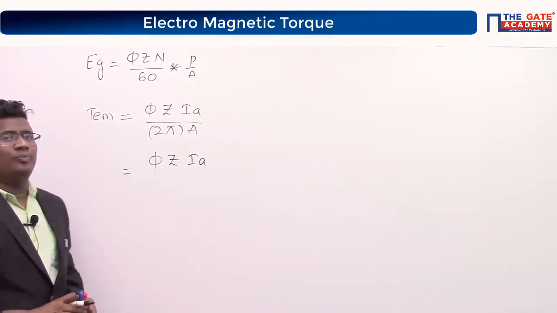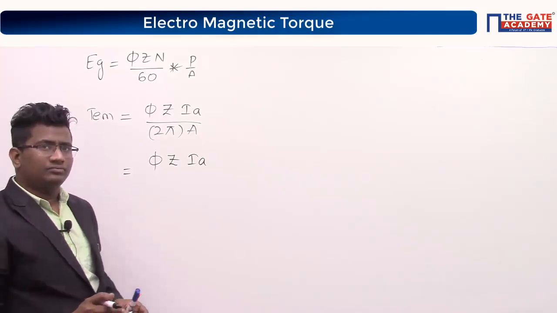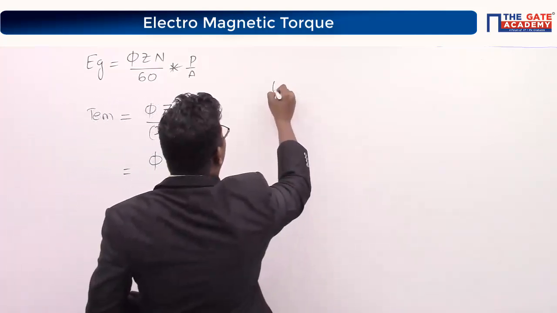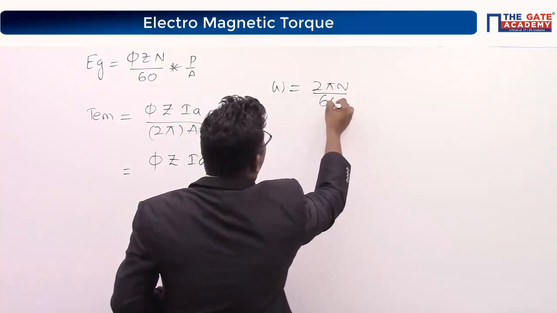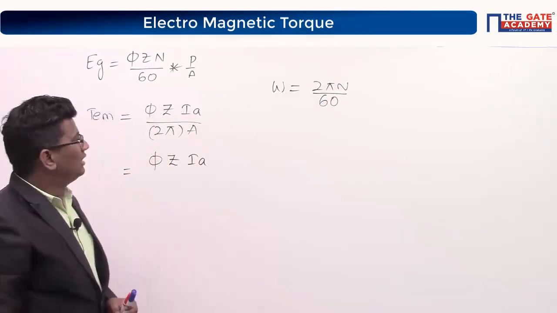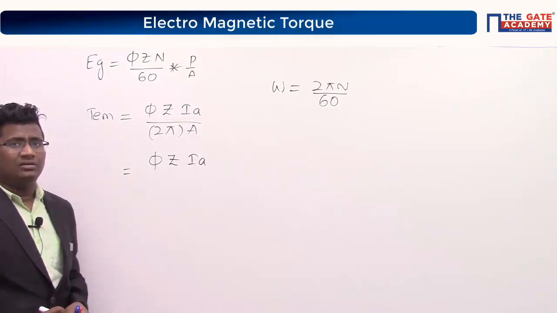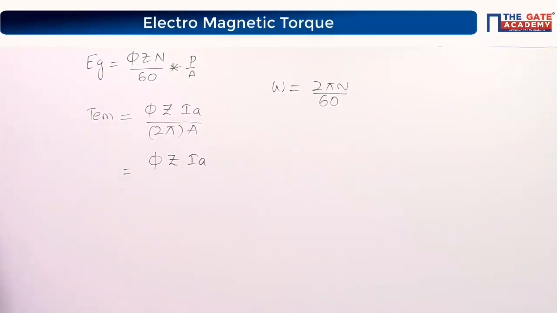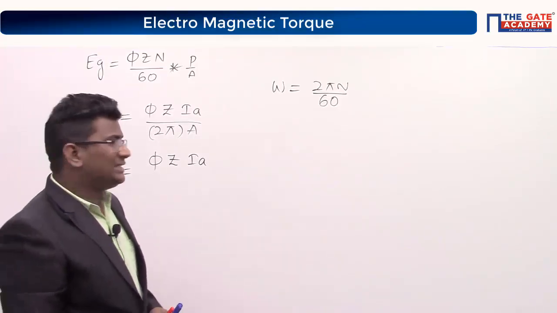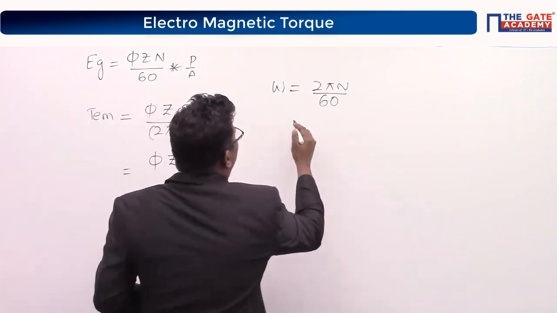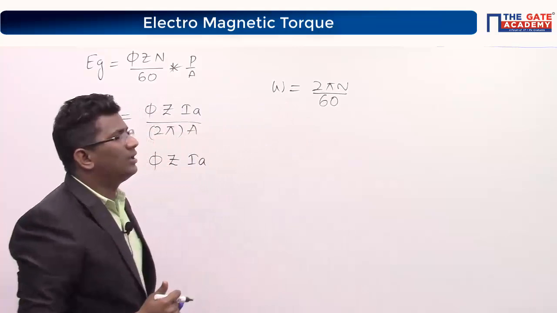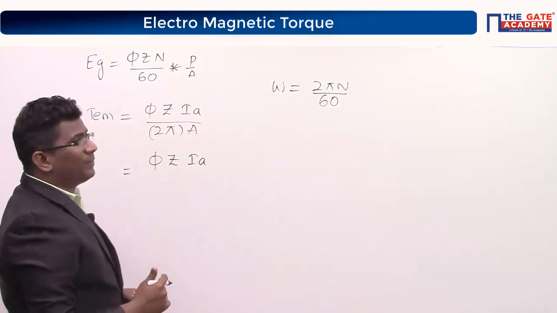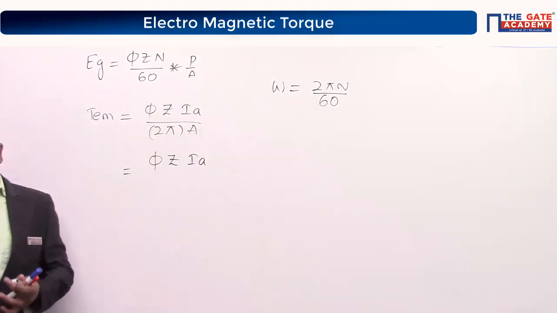Omega is equal to what? 2 pi n by 60, na? Can I write 2 pi n by 60? Yes or no? From this, how to write this 1 by 2 pi? Come on, everybody, tell me.